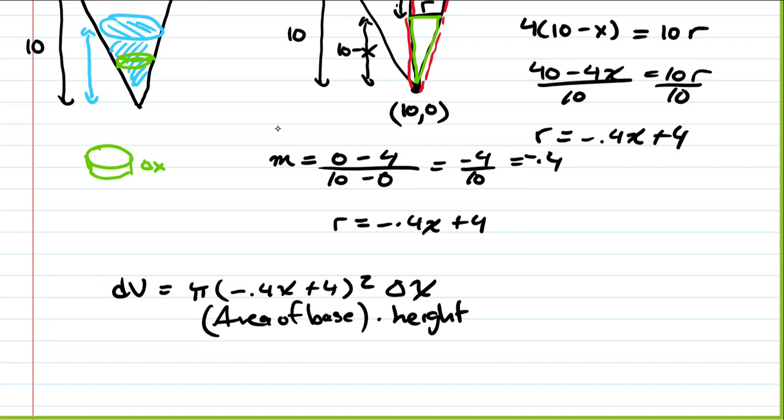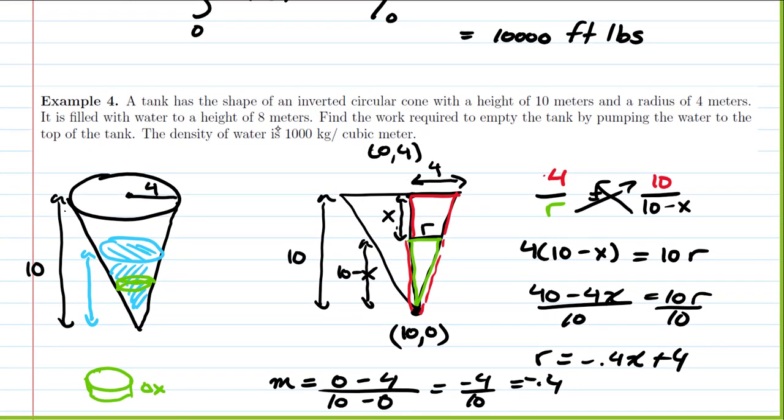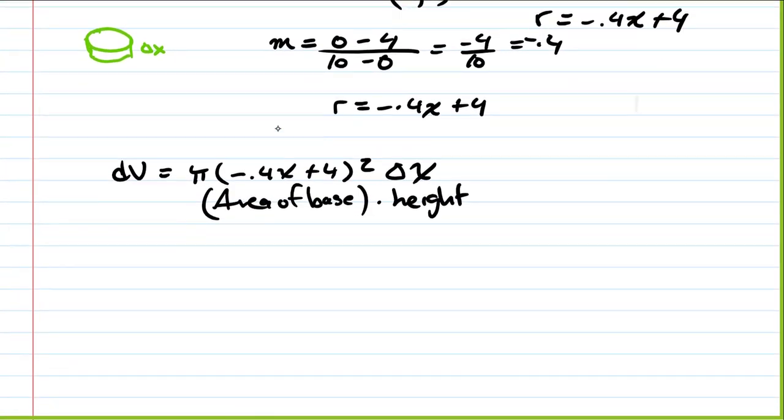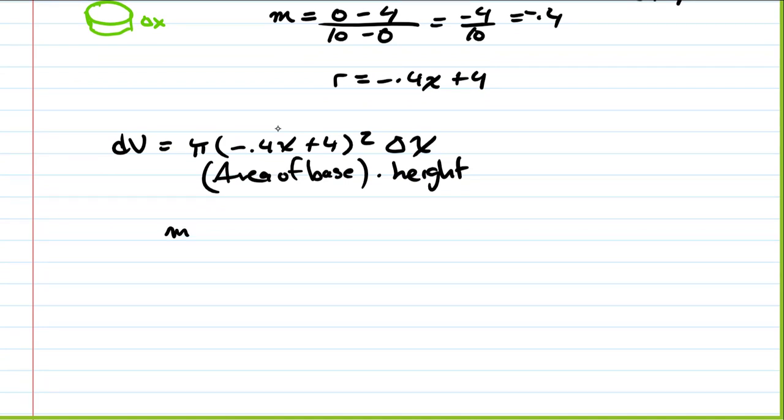We have a volume, but we need to figure out what our mass is. So if you know a volume, how do you find mass? Well, mass is equal to density times volume. So that's something we might need to know. Mass equals density times volume.